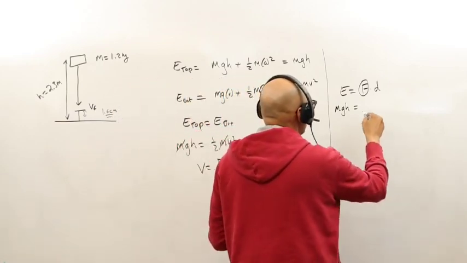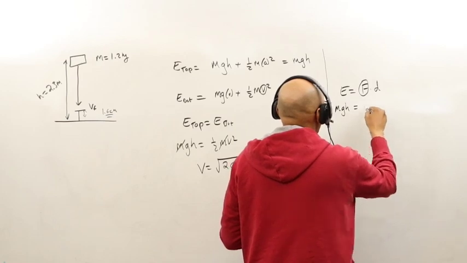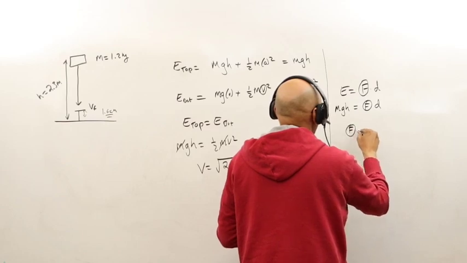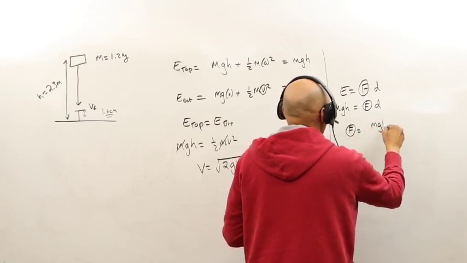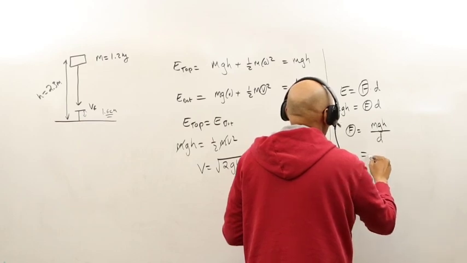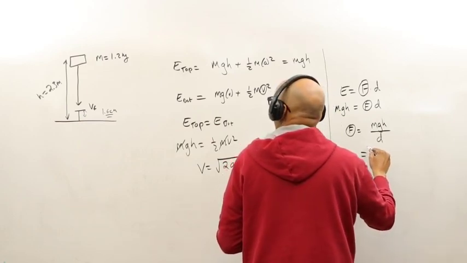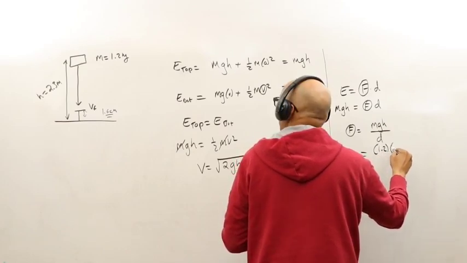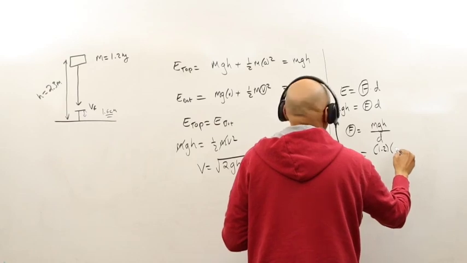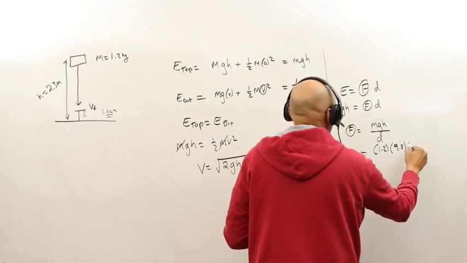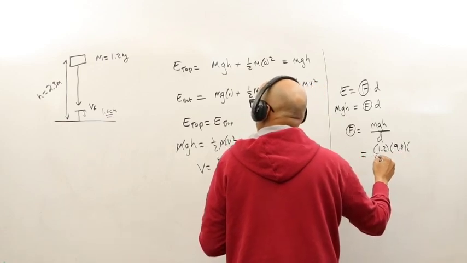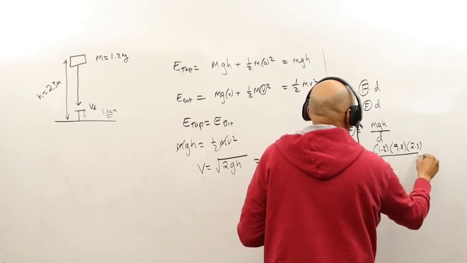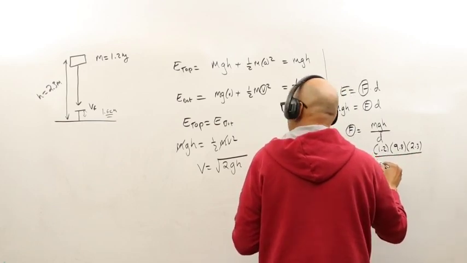So the force is equal to, I'm circling the symbol that we need to find, F is equal to mgh over D. So in this case it happens to be 1.2 kilograms times 9.8 meters per second squared, height is 2.3 meters, over a displacement of 1.6 centimeters.